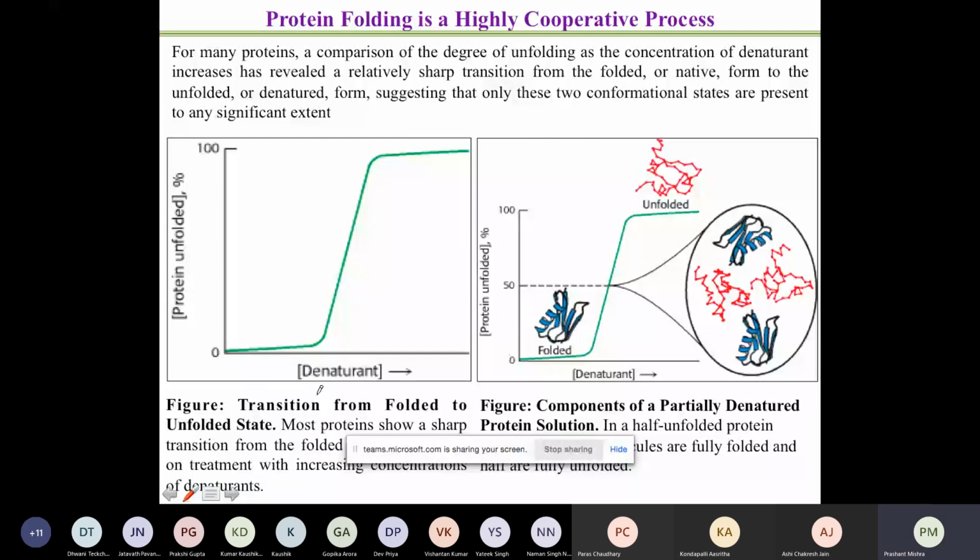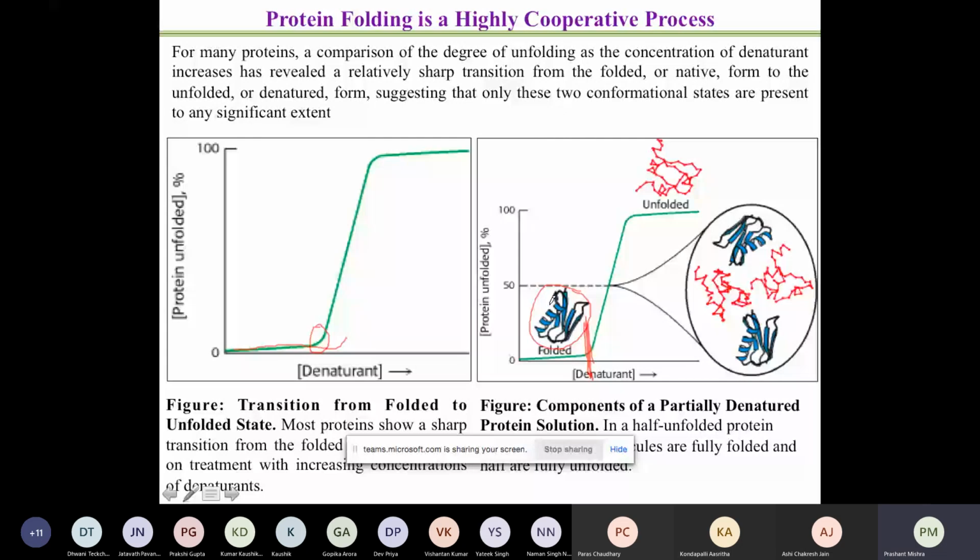Like urea, or guanidinium hydrochloride. You keep on increasing the concentration. At lower concentration, all the protein is folded. So the protein is folded up to a certain concentration of denaturant.